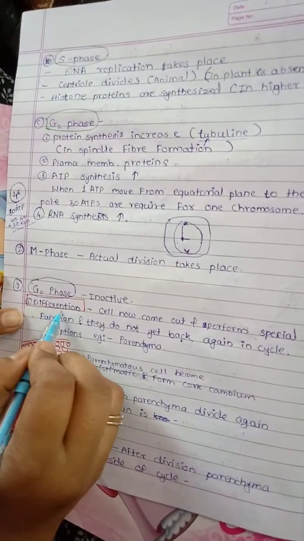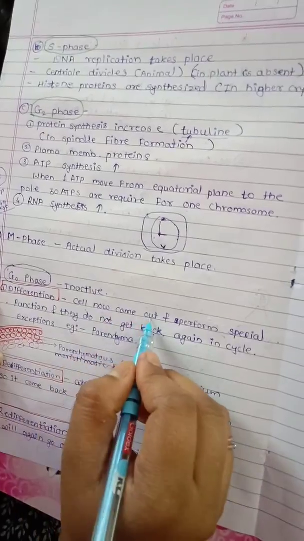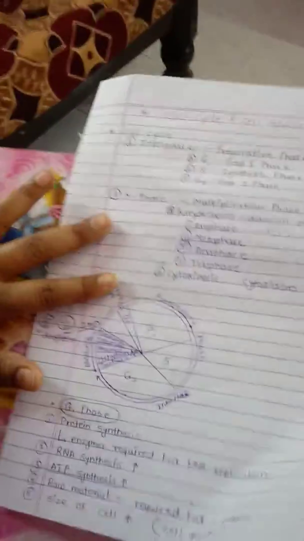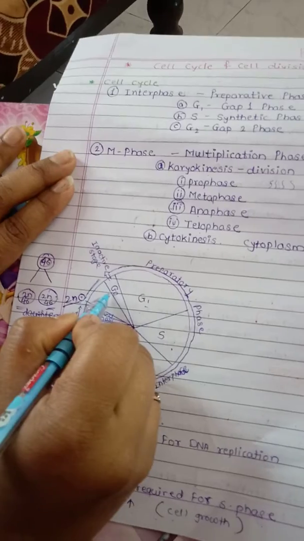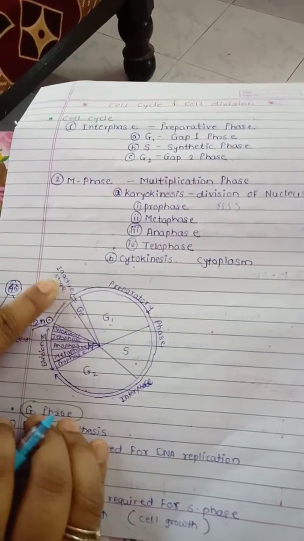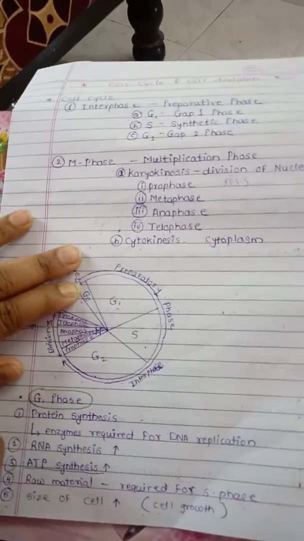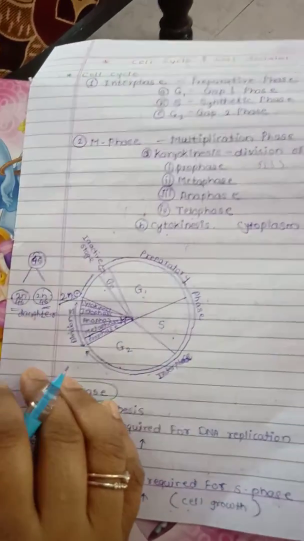First is differentiation. Differentiation means what? The cell comes out and performs a special function, and does not get back again into the cycle. If the G0 stage is present, it is inactive. Parenchymatous cells, meaning meristematic cells, have the capability to divide and redivide.